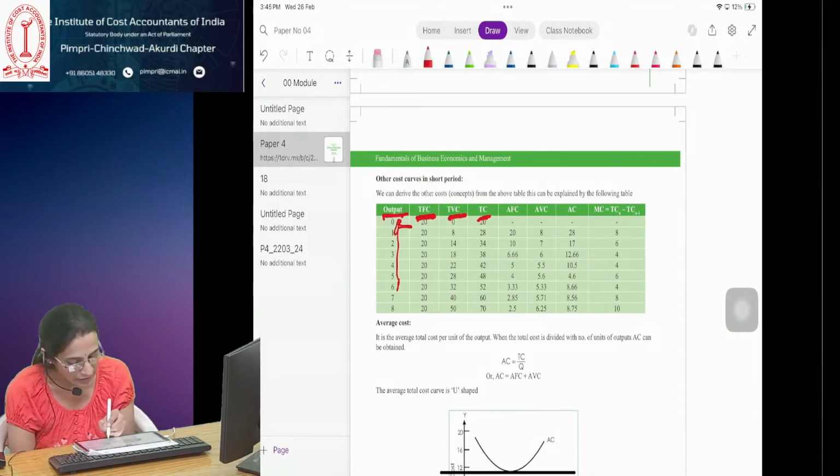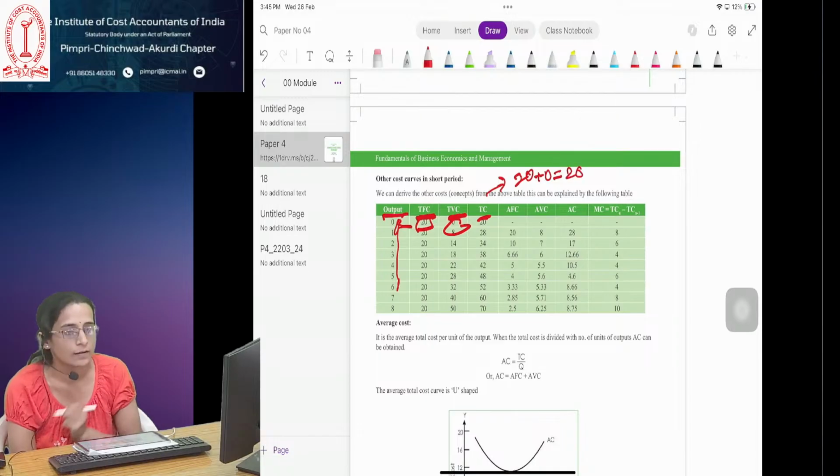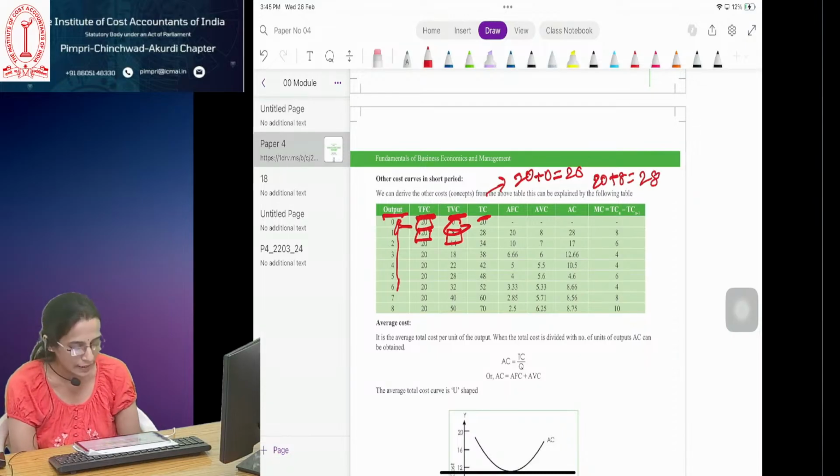So here we can see 20 is the total fixed cost, variable cost is 0, so total cost is 20 plus 0 which is 20, right? Again, total fixed cost is 20, total variable cost is 8. So total cost is 20 plus 8 which is 28, right? So this will go on for all the other outputs.